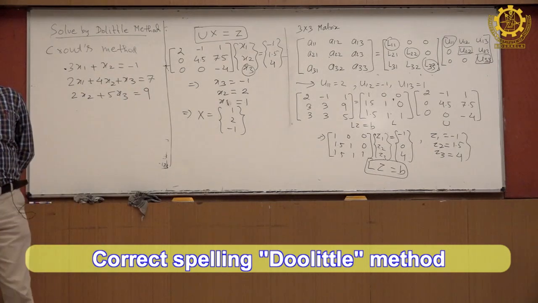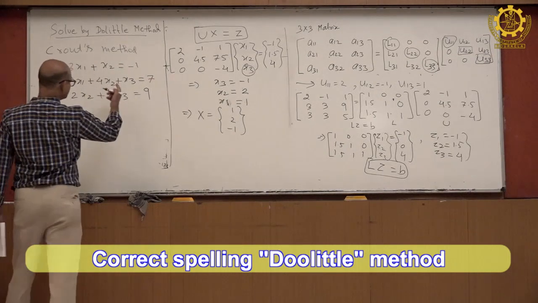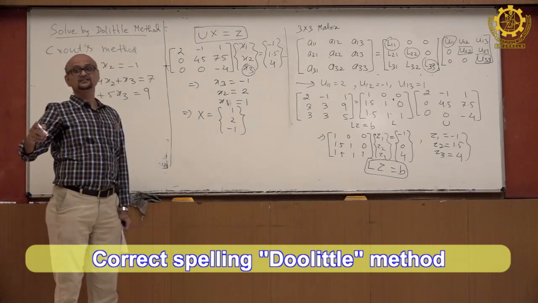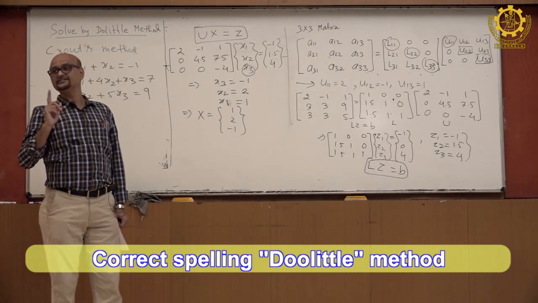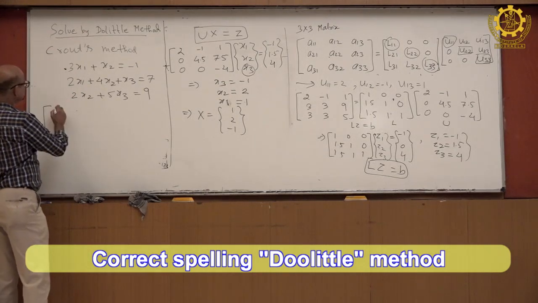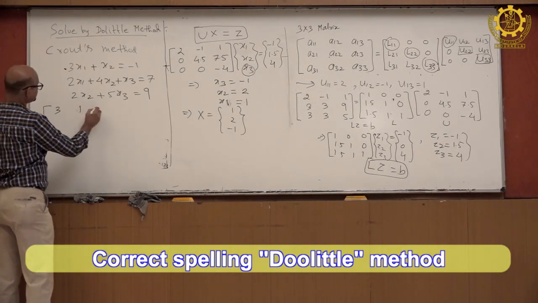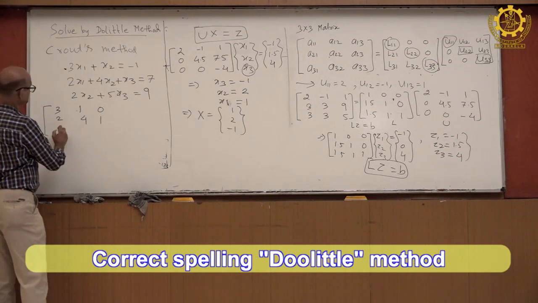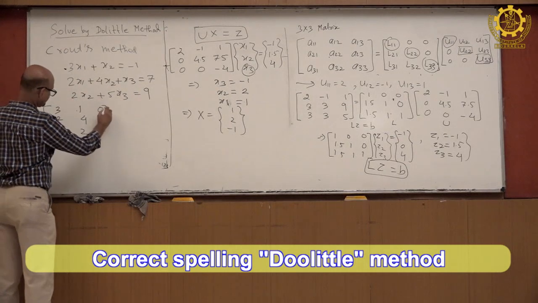Fine. So in Kraut's method, I have A is equal to LU, where your Uii is unity, only this is the change. So A is 3, 1, 0, 2, 4, 1, 0, 2, 5.